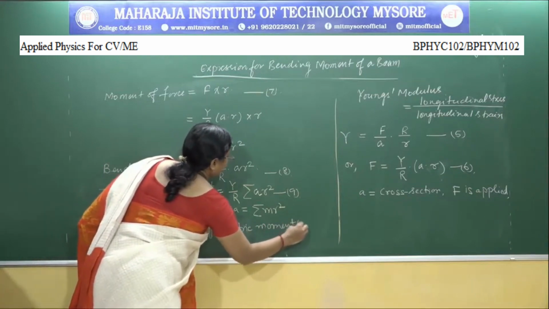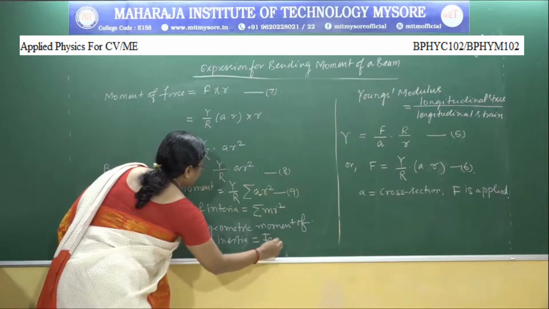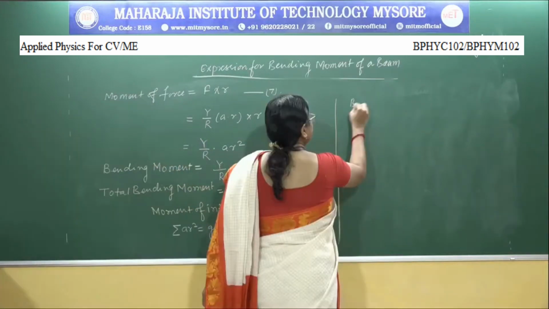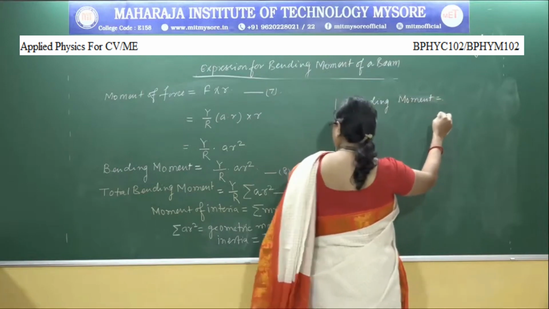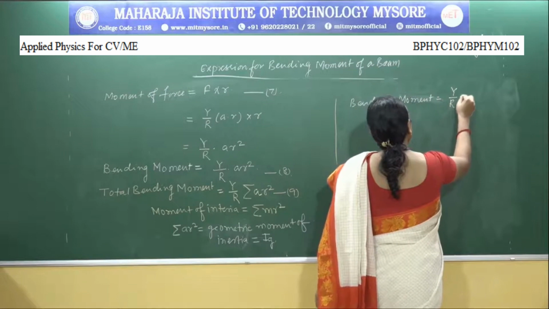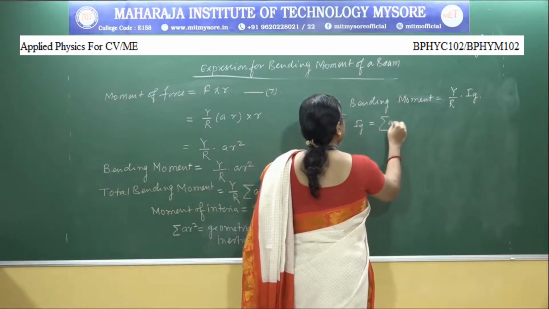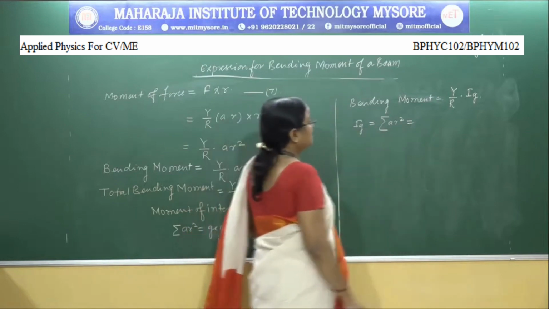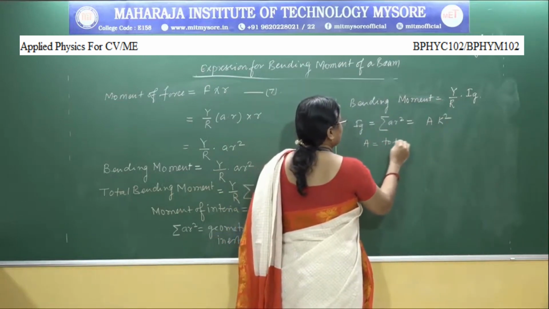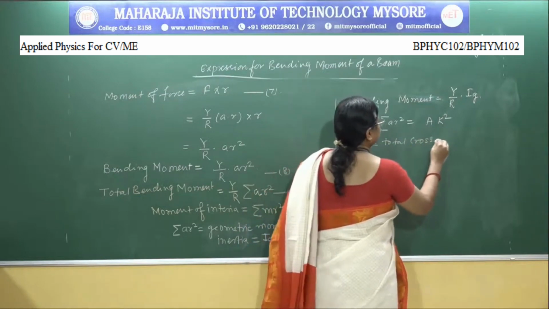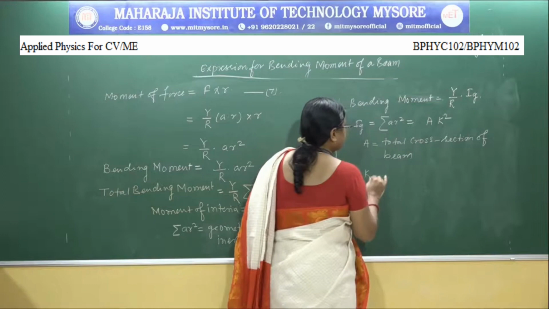Moment of inertia, and we introduce or write it by Ig, the bending moment we can write as Y by R into Ig, where Ig is equal to sigma A r square, and this we can write as A K square, where A is the total cross section of the beam and K is the radius of gyration.